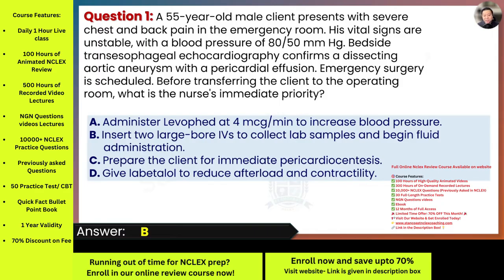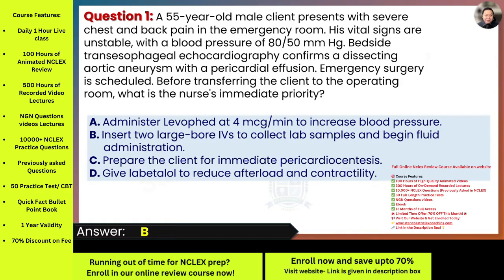That's why the correct answer is letter B. So we need to have the large bore IV access to facilitate the administration of IV fluids and also the possible administration of blood products, which are very critical in maintaining perfusion and to prevent further cardiovascular collapse.